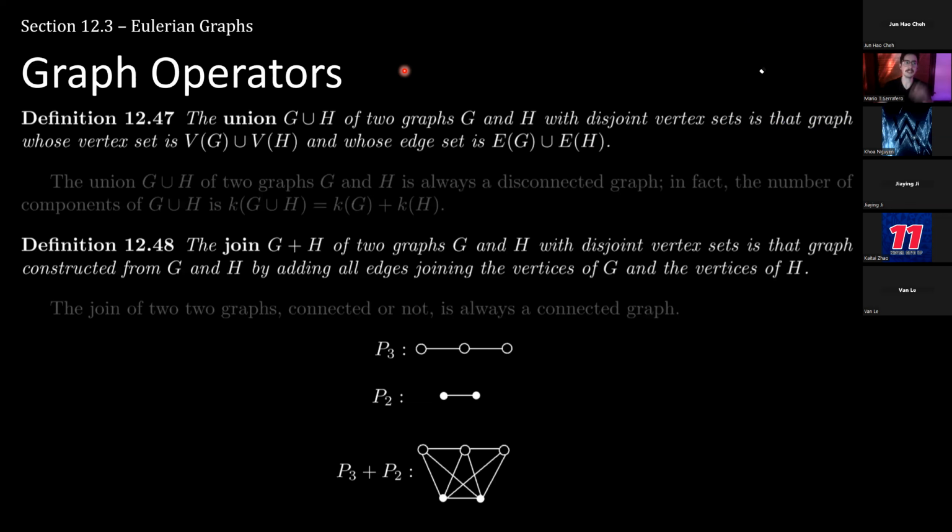The next one says the join G plus H of two graphs G and H with disjoint vertex sets is the graph constructed from G and H by adding all edges joining the vertices of G and the vertices of H. So the join of two graphs, connected or not, is always connected by construction, because you always add the edges that connect vertices of G and vertices of H. If this is G and this is H, we add edges from here all the way there and from here all the way there.